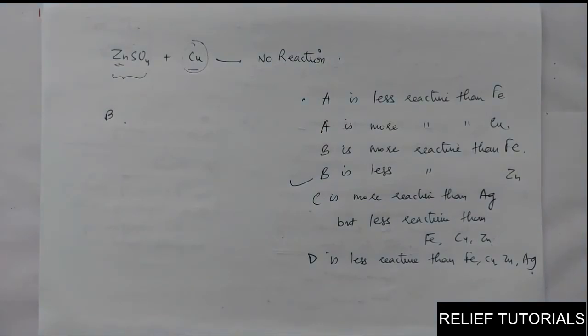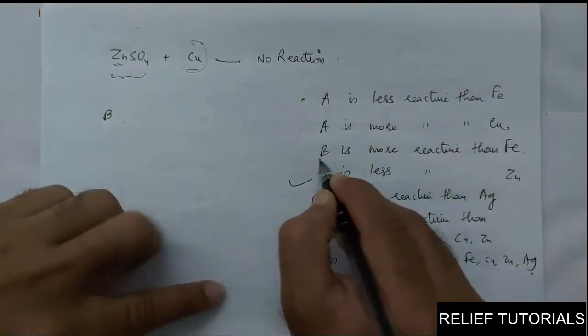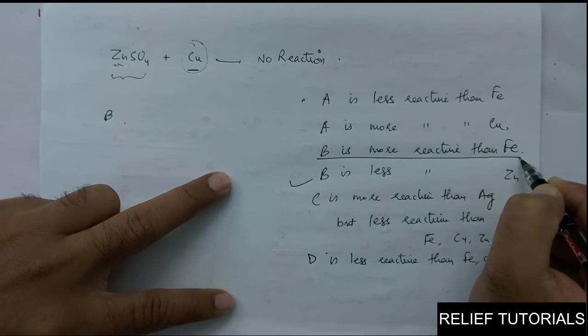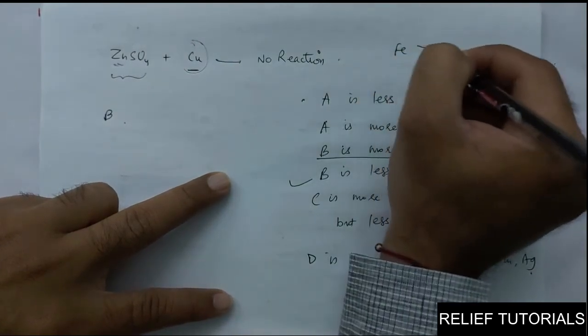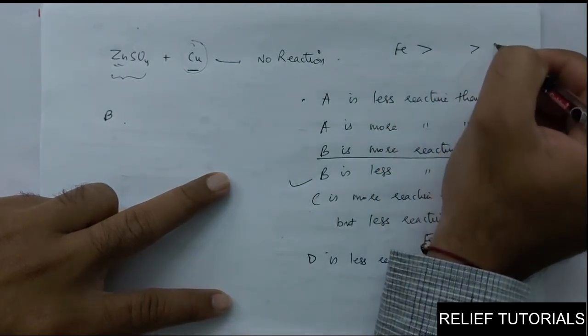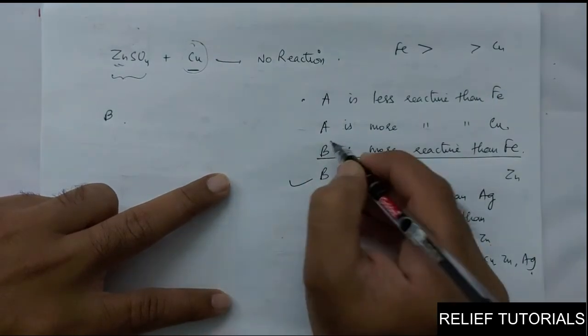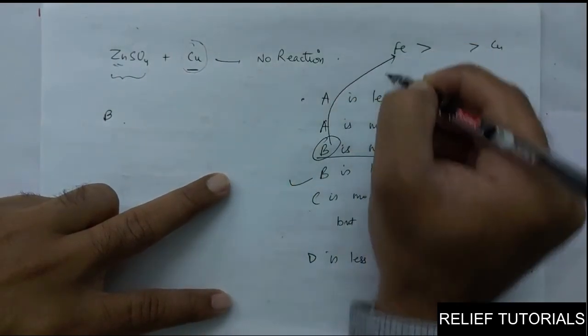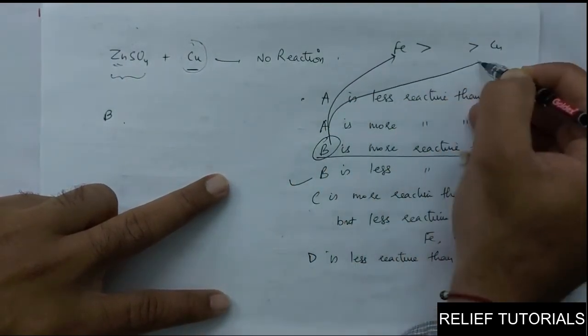Second question, what would you observe when B is added to solution of copper sulfate? Here according to the table, B is even more reactive than Fe. And in the series, Fe is obviously much more reactive than copper. So if B is able to displace Fe, it is obviously able to displace copper.